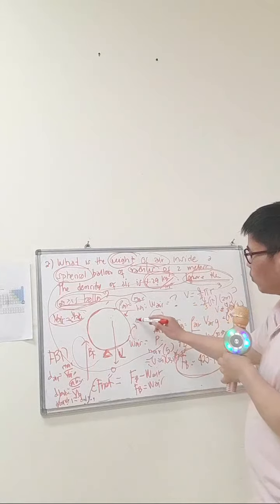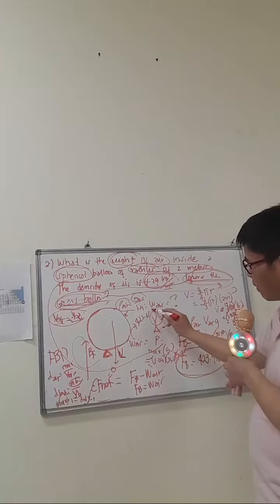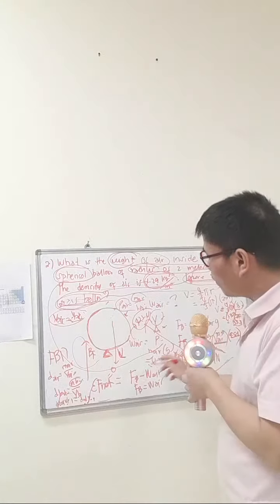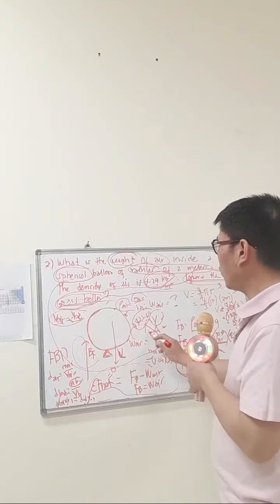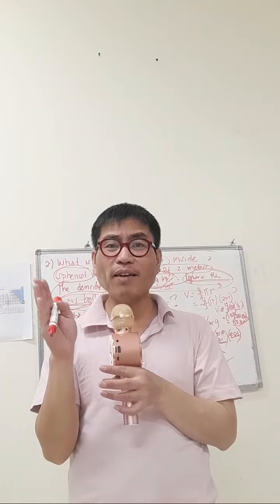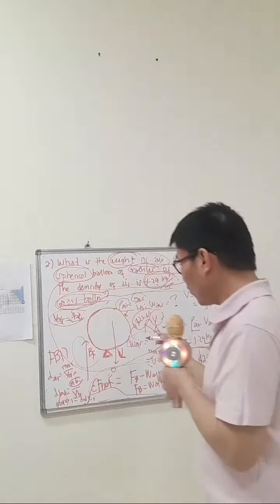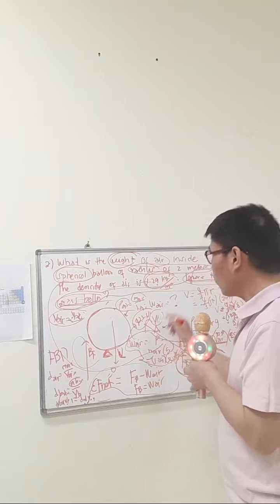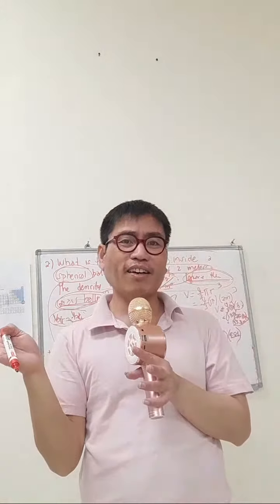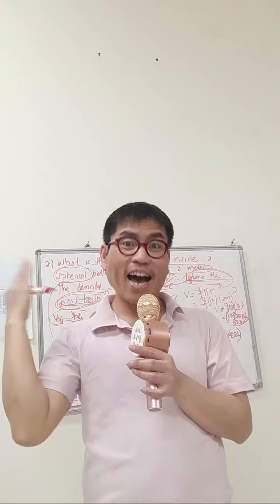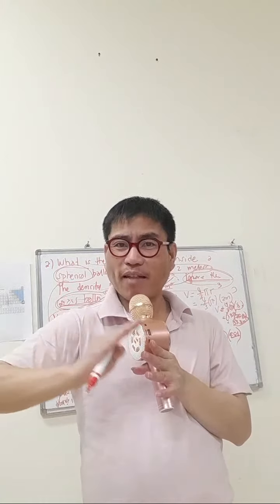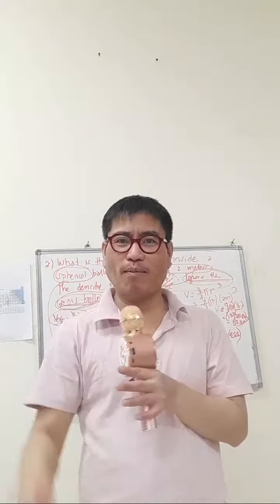You can solve in two versions, but the two versions' answers will be equal. You can either do the FBD or you can do the weight of air directly. If you are really brilliant or smart or have a higher IQ, you will go directly to the weight of the air. But for me, I need to go to the details because I don't have that high an IQ. So I need to go to the formal or systematic way of solving the problem.